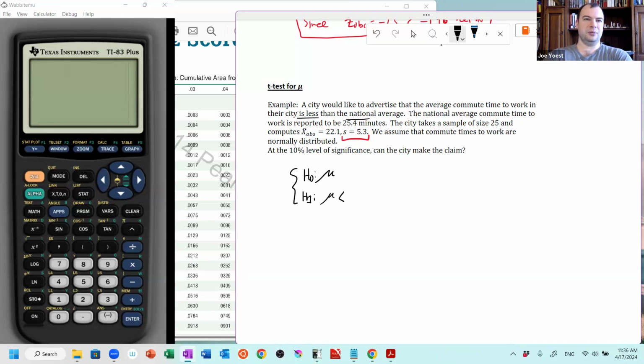So the thing we are trying to provide evidence in favor of is the alternative that mu is less than 25.4. And the null, therefore, is mu equals 25.4, which really encapsulates all of the mu's bigger than or equal to 25.4. If I can reject against the null of 25.4, I can reject against any bigger null with no problem.